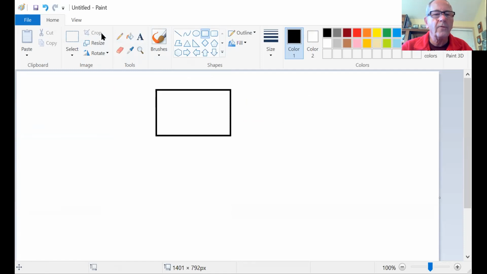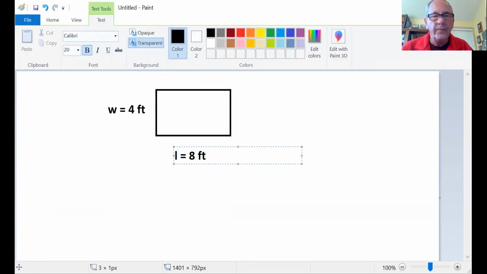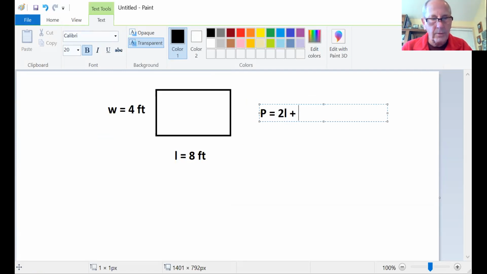Okay, and say this is the width, and we're saying width is equal to 4 feet, and length is equal to 8 feet, right? And we said the perimeter is equal to 2 length plus 2 width, right? So that's your formula.